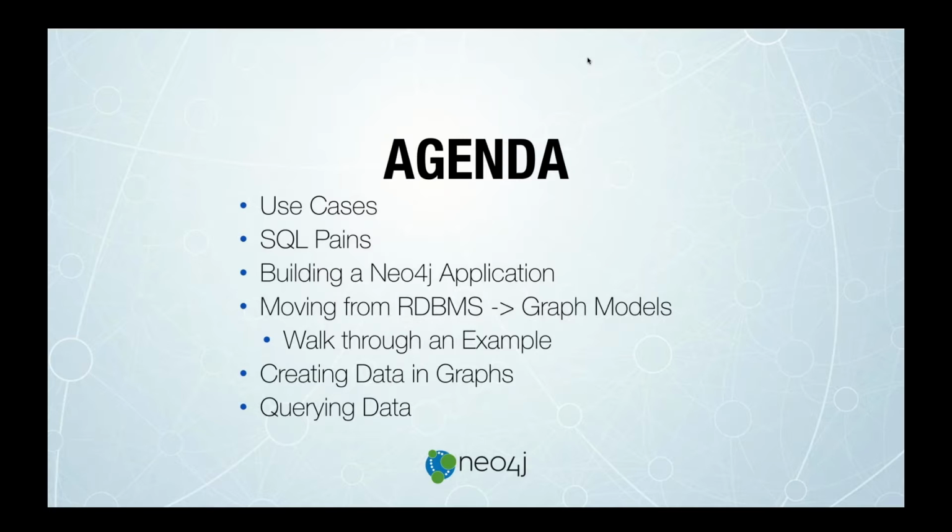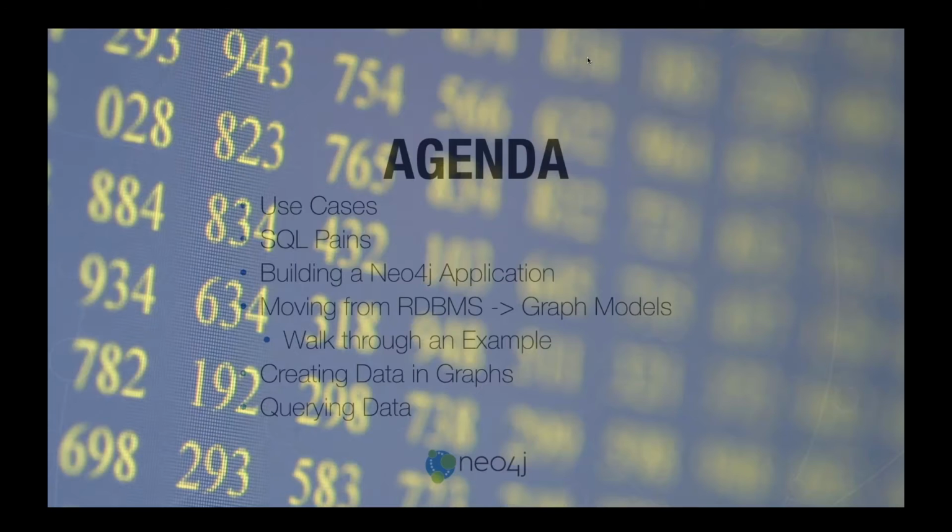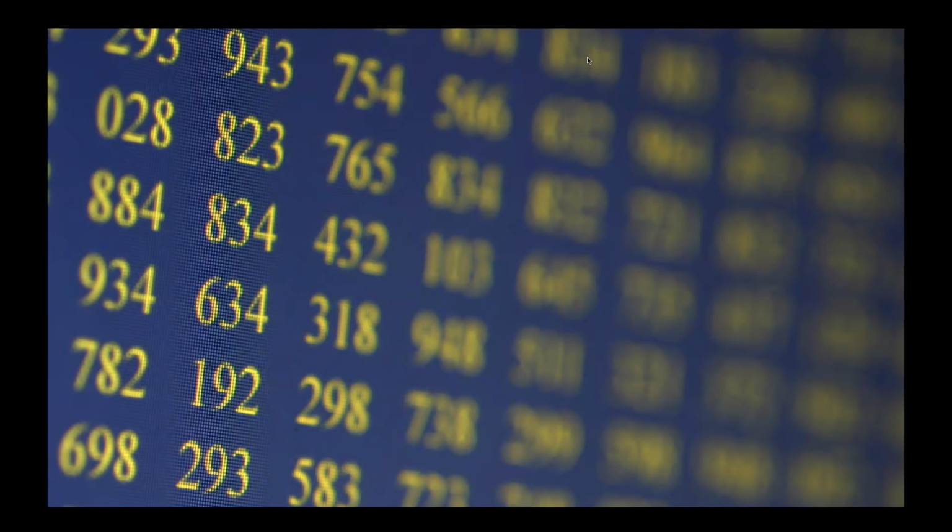Then we'll go through an example of converting a relational database to a graph database, mostly with the data modeling. We'll see how we would import that into Neo4j, and then we'll have some hands-on queries to answer some interesting questions of that model that we've imported. So with that, let's go ahead and get started.